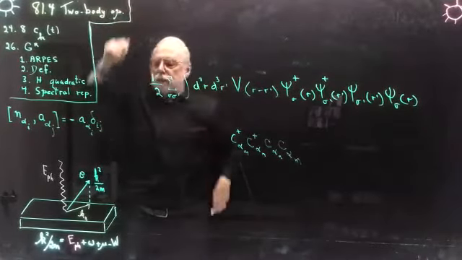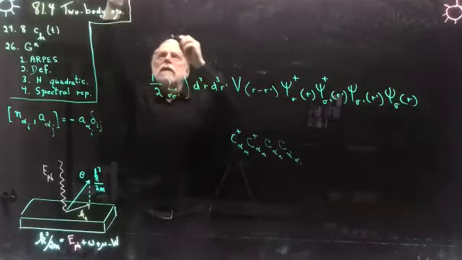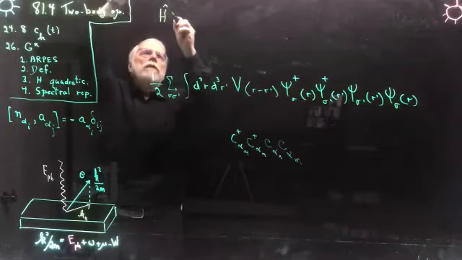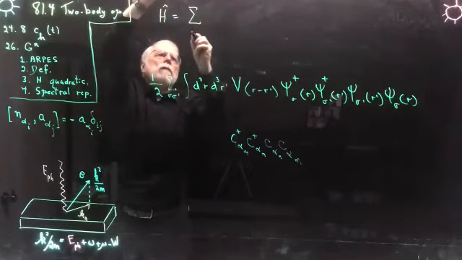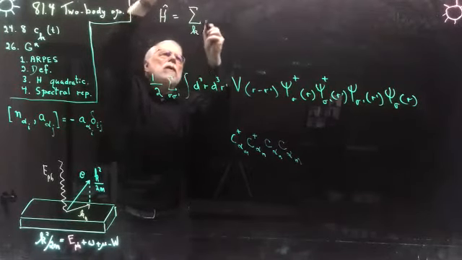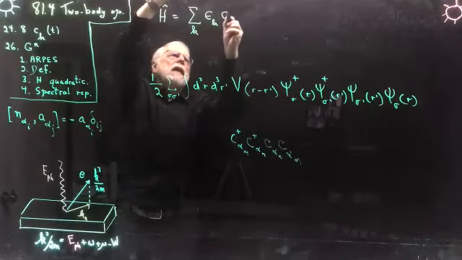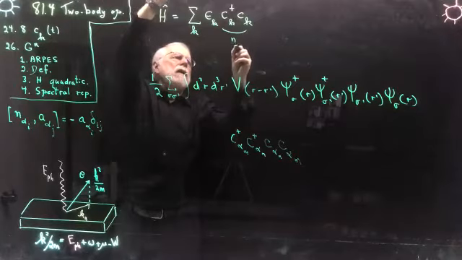So take, for example, an example of a quadratic Hamiltonian. H operator is equal to the sum over some vector, some label, k, of epsilon k times c dagger k ck. So this is the number operator, n of k.